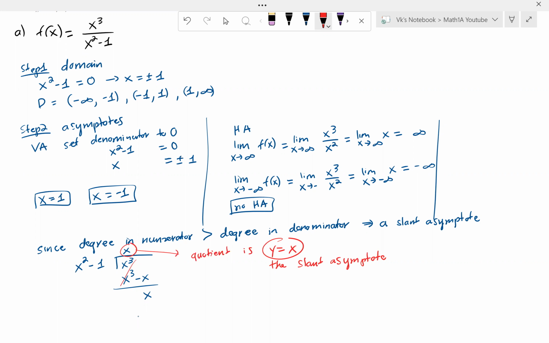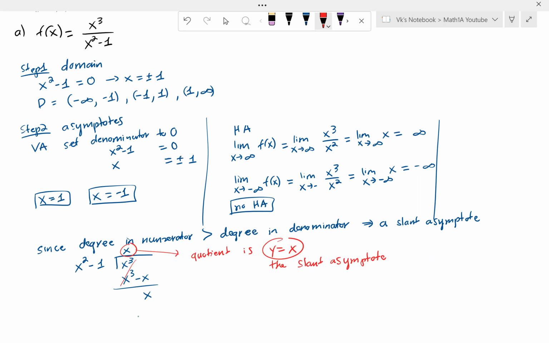It only works for a rational function in which the degree of the numerator is exactly 1 degree higher than the degree of the denominator.